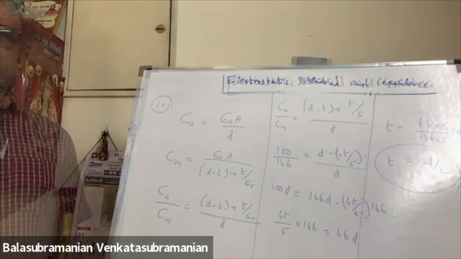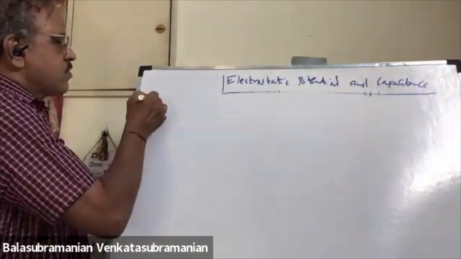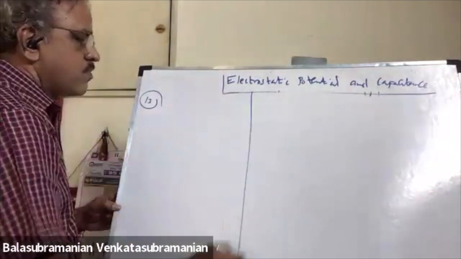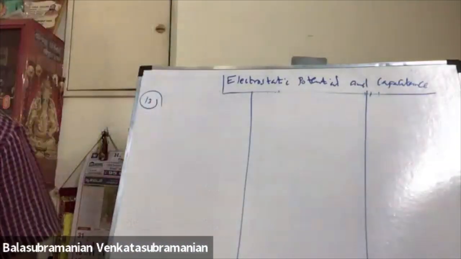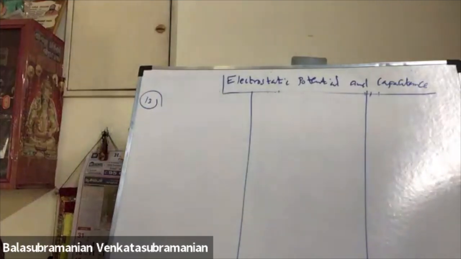Next, 13th problem. Three capacitors C1, C2 and C3 are connected to a 6-volt battery as shown. Find the charges on the three capacitors.